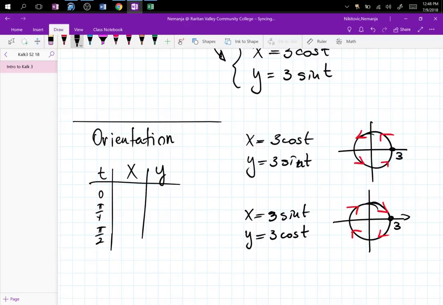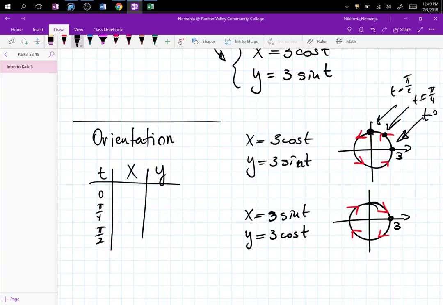So you will have t equals 0, t equals pi over 4, and t equals pi over 2. And you can see that the time progresses, because pi over 2 is about 1.5 seconds, let's say. So you go from 0 seconds to 0.7 seconds to 1.5 seconds. So clearly, as time progresses, the point at 3 goes around the circle, tracing the circle counterclockwise.